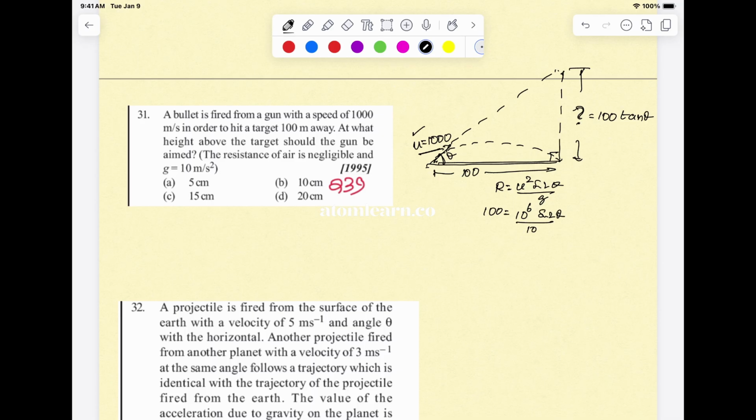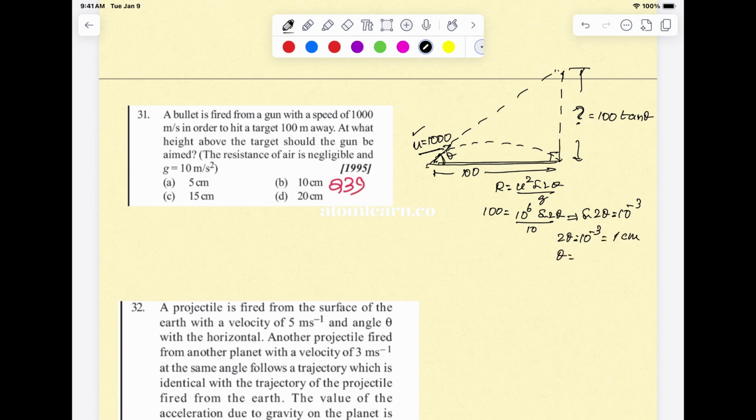Therefore sine 2 theta comes to 10 power minus 3, which is very low. Therefore we can take sine 2 theta equal to 2 theta itself. 2 theta is equal to 10 power minus 3. 10 power minus 3 means 1 centimeter.